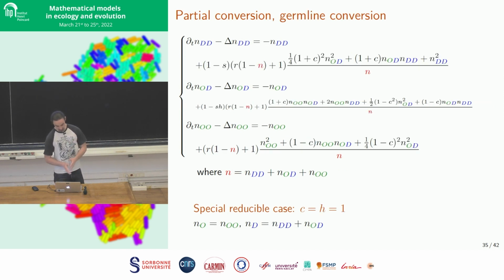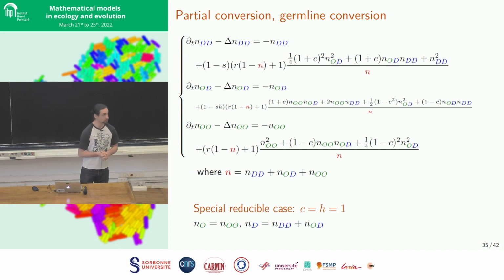In the case of germline conversion, you have again a nightmarish system, and again you can verify that if the conversion rate and the dominance rate are both equal to 1, you recover the previous system, this time by assimilating heterozygous individuals to drive homozygous individuals. So these systems are horrible, but we know special cases of them, at least.